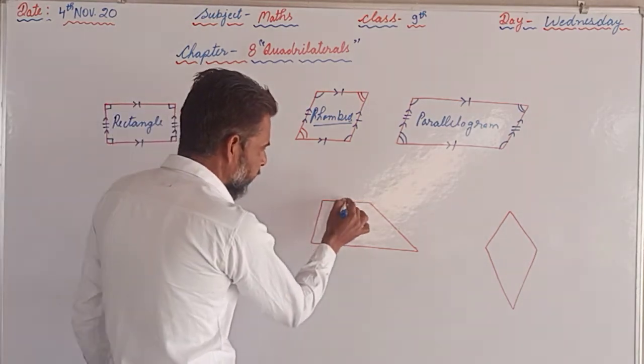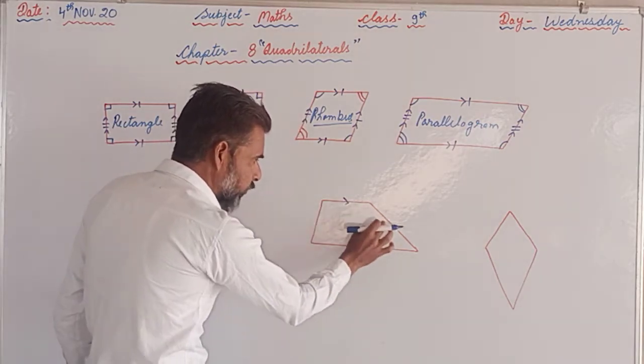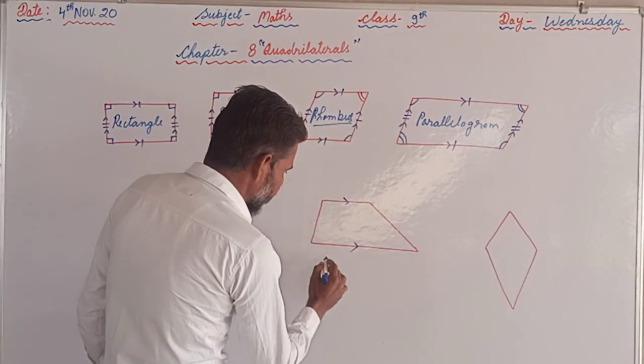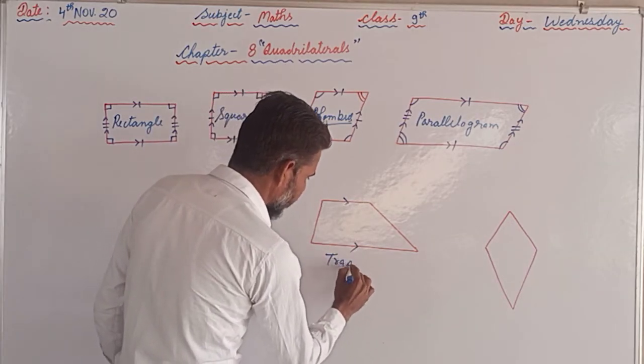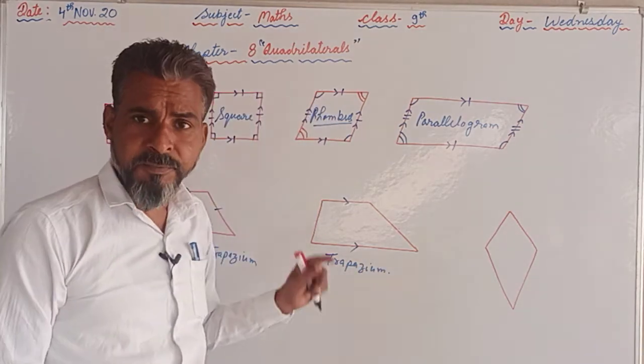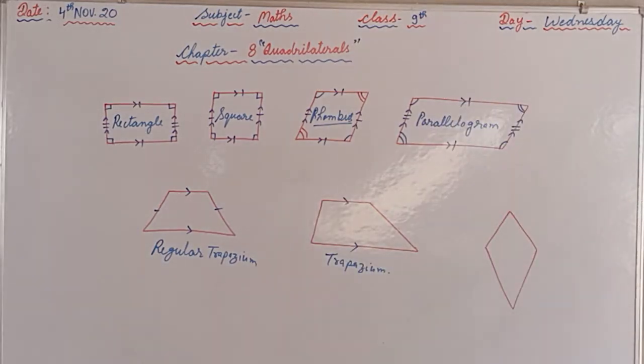Here again that is trapezium, but these two non-parallel sides are not equal, then we will say that is only trapezium. So, in the trapezium, if non-parallel sides are equal, then the name will be regular trapezium.